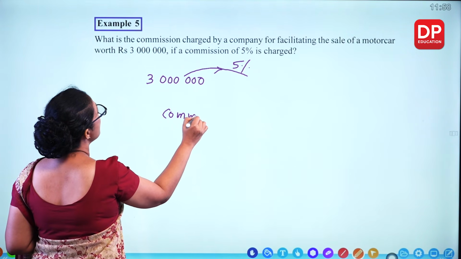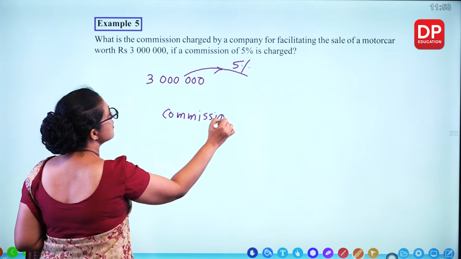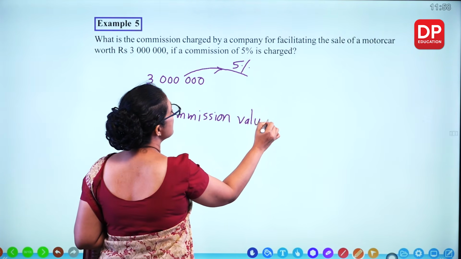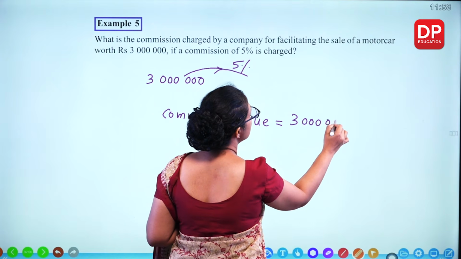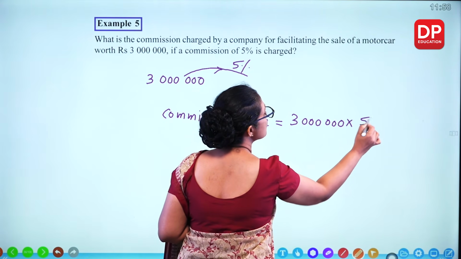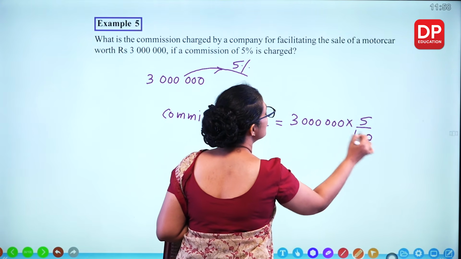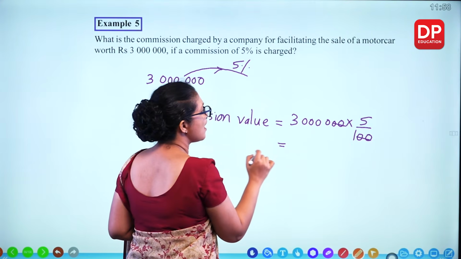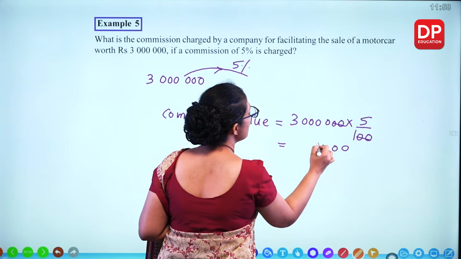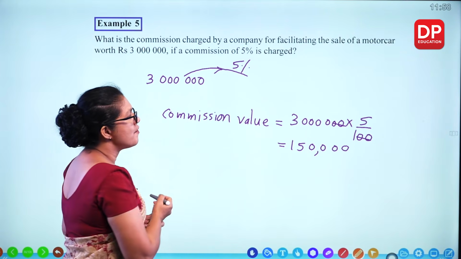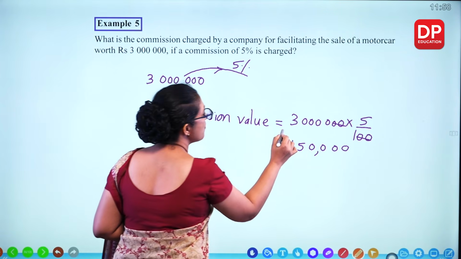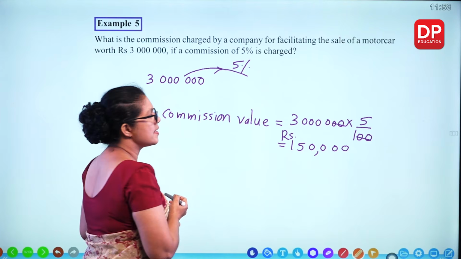You can find out the commission value is 3 million into 5% of that. So 2 zeros get cancelled out. 1, 2, 3, 4, 50. So 150,000 rupees commission is given.